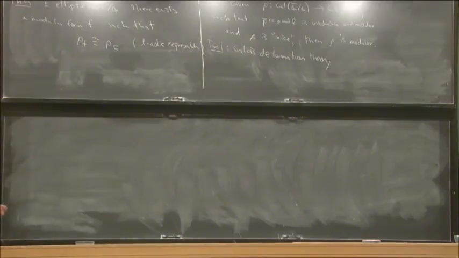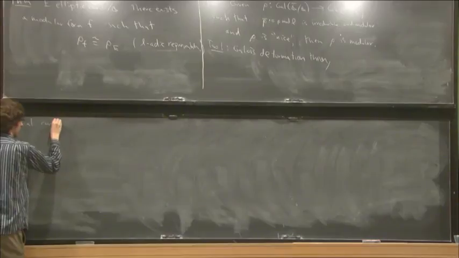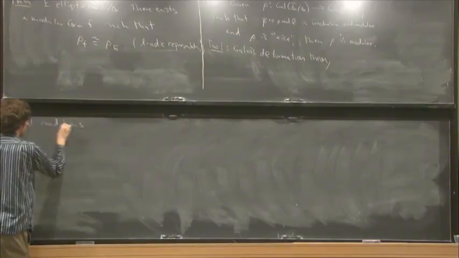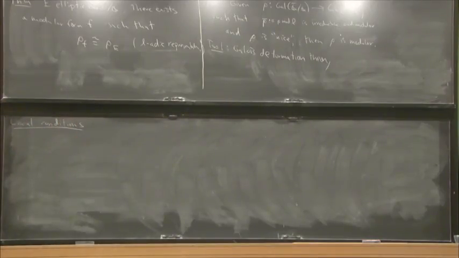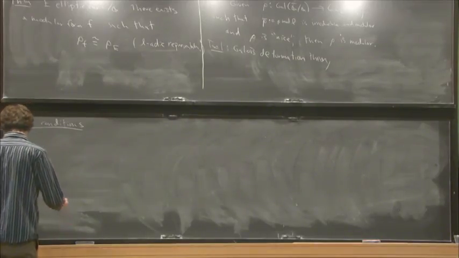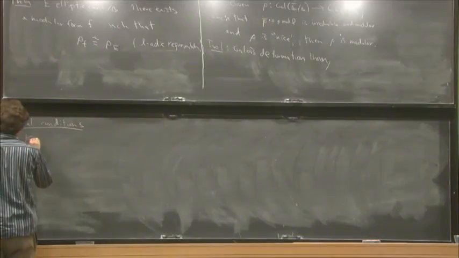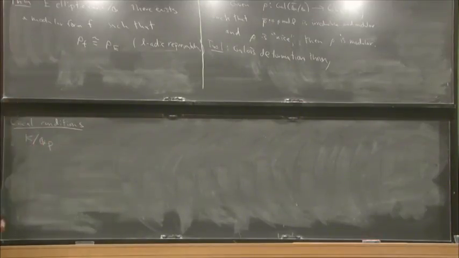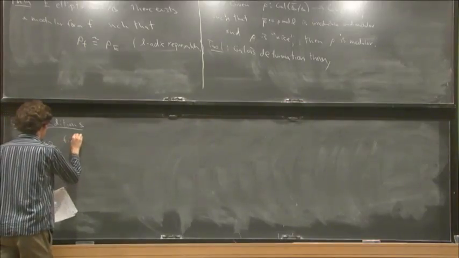So we have this global Galois representation, and we can impose conditions on the decomposition group for each prime p. OK, so let's just move right to the local situation. So let's take K to be a finite extension of Q_p.